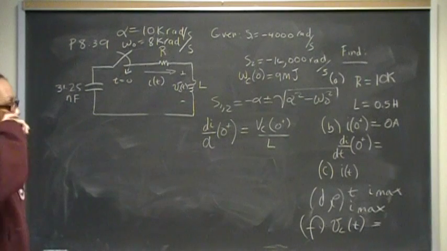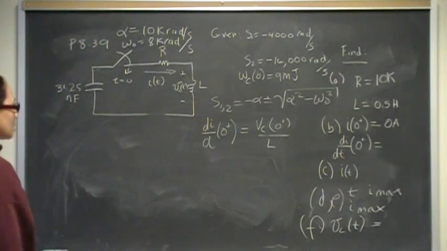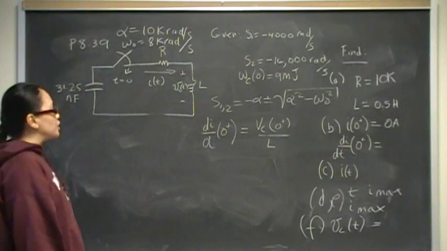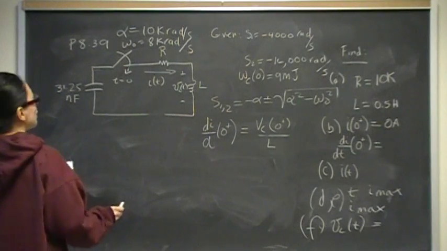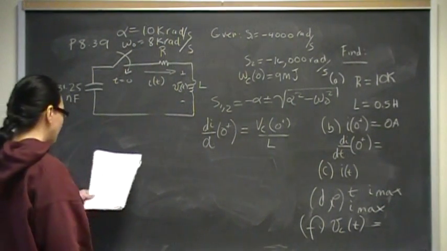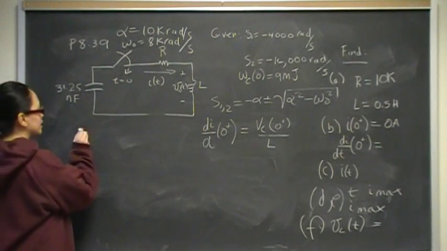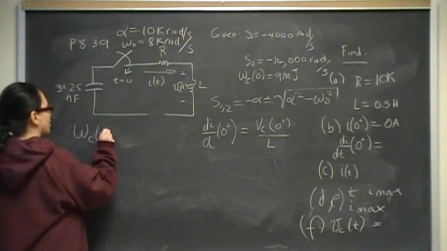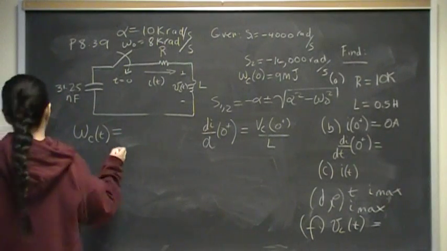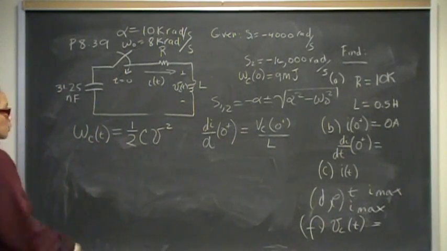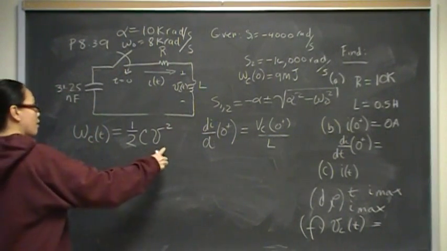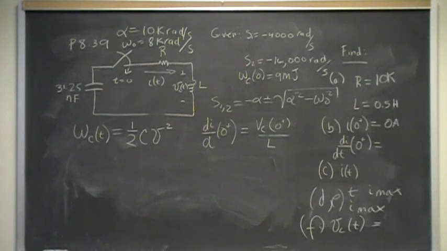So let us go ahead and pull up the relationship between capacitors and energy. We know the initial energy stored in the capacitor is 9 millijoules. And we also have this relationship: energy in the capacitor is 1/2 CV squared. So we know energy, we know capacitance, therefore we should be able to find the voltage across the capacitor.